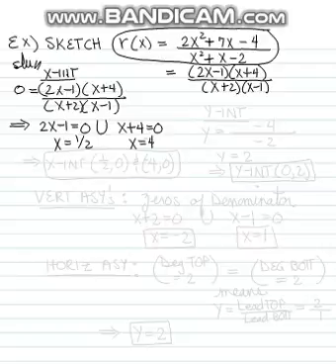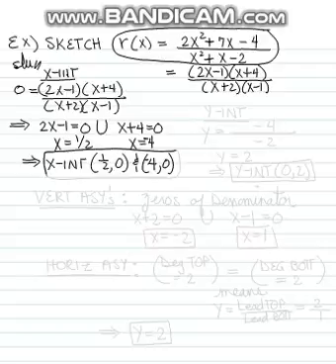So that implies that we have the x-intercepts 1/2, 0, and, I'm sorry, negative 4, 0. We're going to use those in our graph. Now let's find the y-intercept. The y-intercept is found by letting x equal 0, and I think it would be best to do that in the original form.